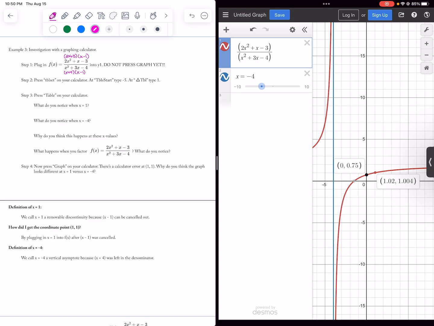So there's actually an open circle there, even though you can't actually see it. If we were to zoom in, you would see that at x is equal to 1, it is undefined. What you do notice also is that at 1, it's really like 1 comma 1, because I'm just to the left of 1 and almost at 1, and just to the right of 1 and almost at 1. So at 1 comma 1, there's what we call a removable discontinuity.